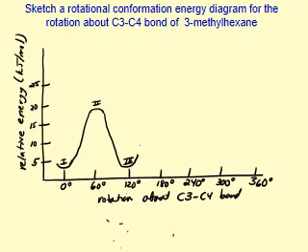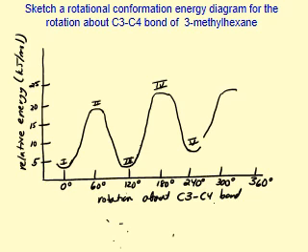Then we went to 4, which has 21. And then 5 was at an energy state of about 7.6. And then finally 6 was also at an energy of about 21. And then finally back to 1.